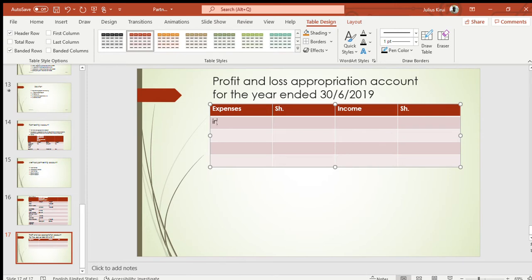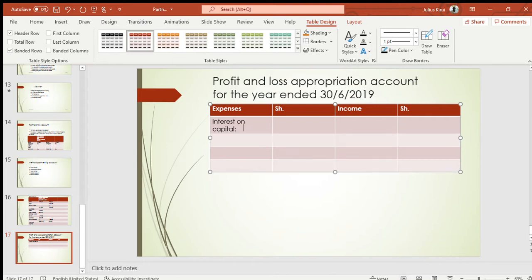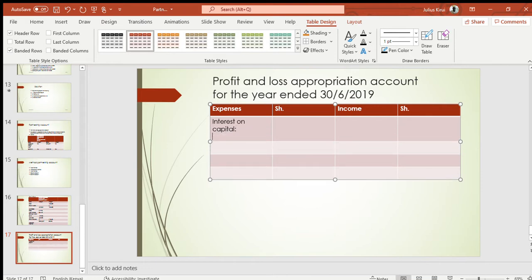Now the first item is interest on what? So from the question we are told about interest on capital. What is the interest on capital? Interest on capital account balance at 10% per annum. So you go to capital, Kamau capital.